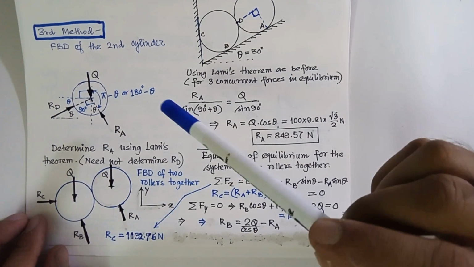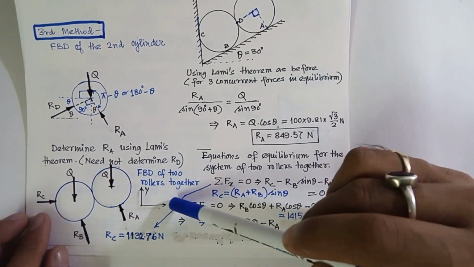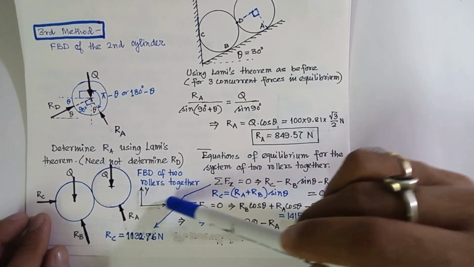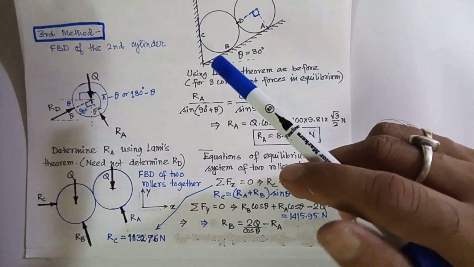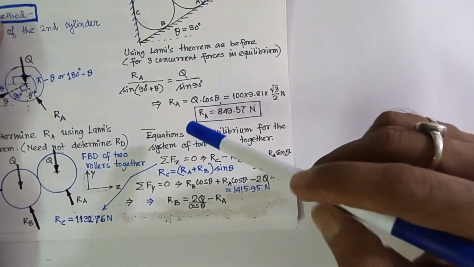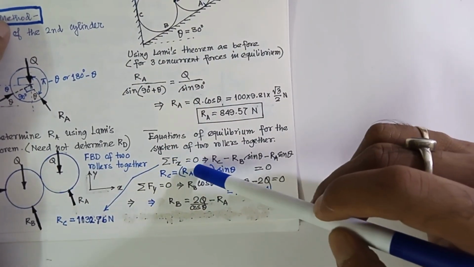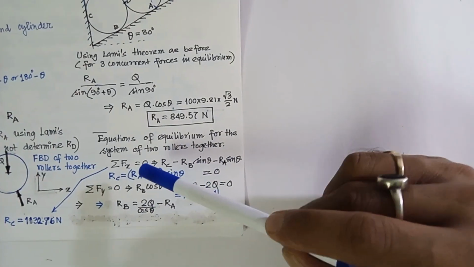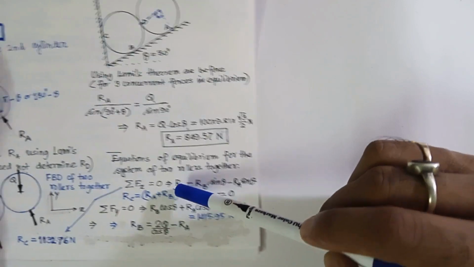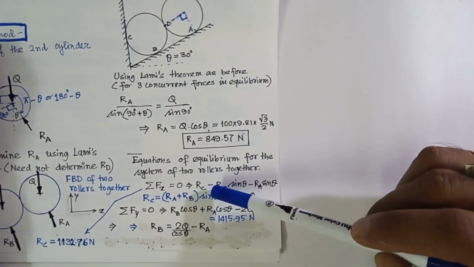That will not matter much. Therefore I have taken in this direction as horizontal x direction, and vertical y direction. That you should understand. Okay. And just wrote the force equations, that is summation Fx is equal to 0, summation Fy is equal to 0. Summation Fx is equal to 0, you can see that is equal to RC.